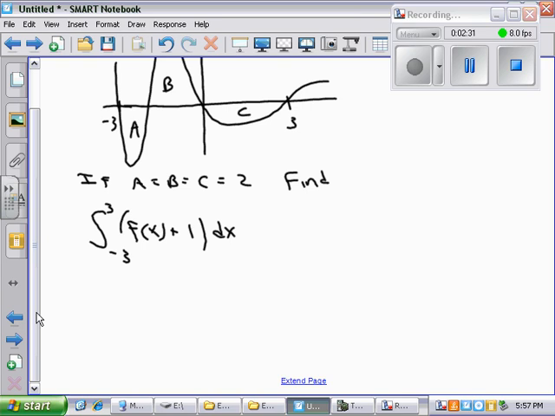Okay, so the first thing we can do is break it up to the definite integral from -3 to 3 of f of x, which we're going to get from the graph, because we know the connection between definite integrals and area. Definite integral is area above minus area below, plus the definite integral from -3 to 3 of 1 with respect to x. And that we're going to get from knowing how to integrate using the formulas.